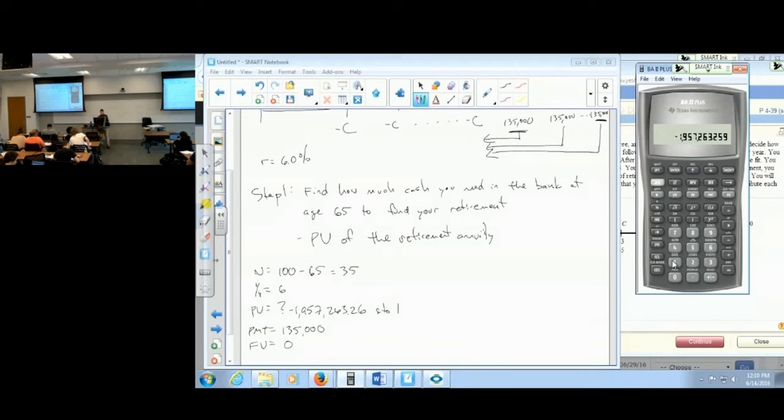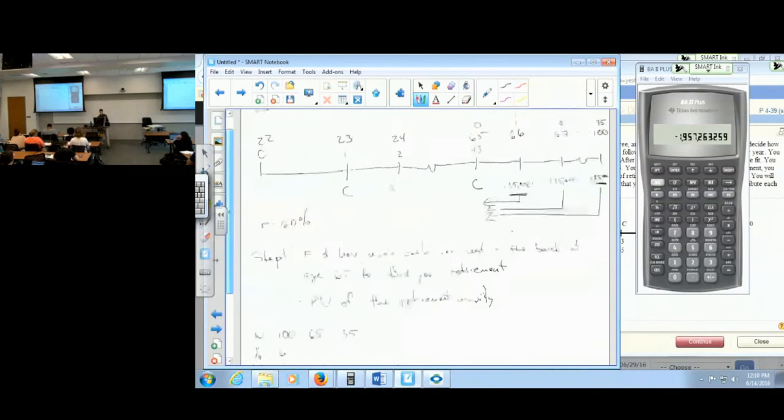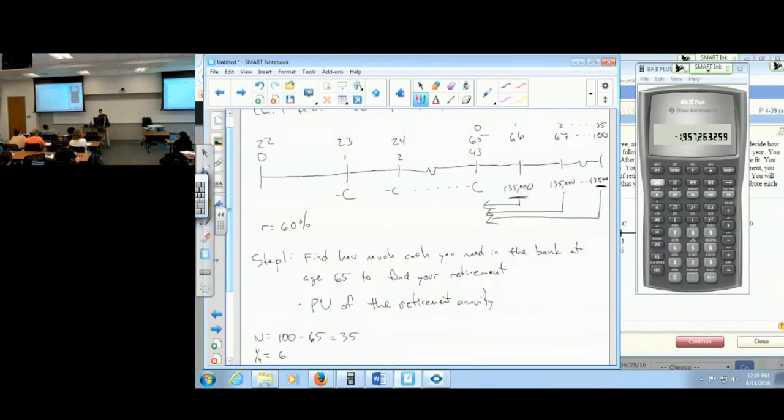All right, so what I have just found is that I need to end up with, at age 65, when I make that last payment, I need $1,957,263 and roughly 26 cents in the bank. All right, that's what I need at age 65.